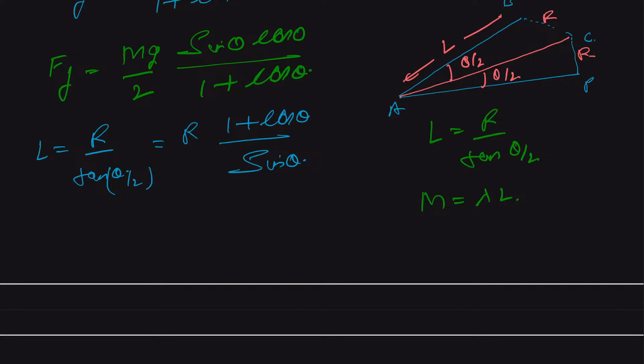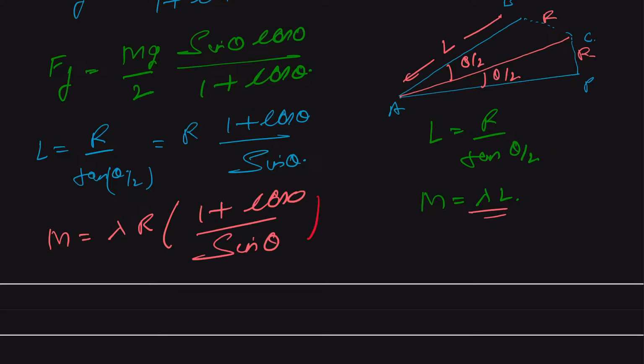And now we can write the mass equation, that mass is equal to lambda times L, so this comes as lambda R times 1 plus cos of theta over sine of theta, and we substitute in this equation.